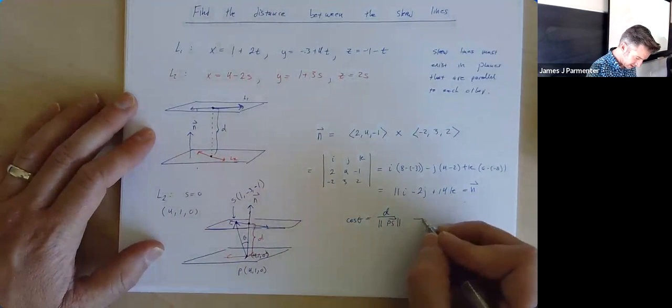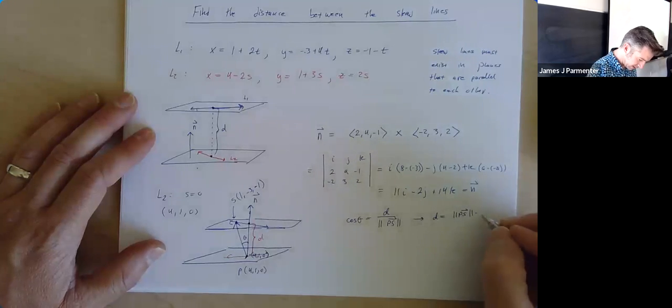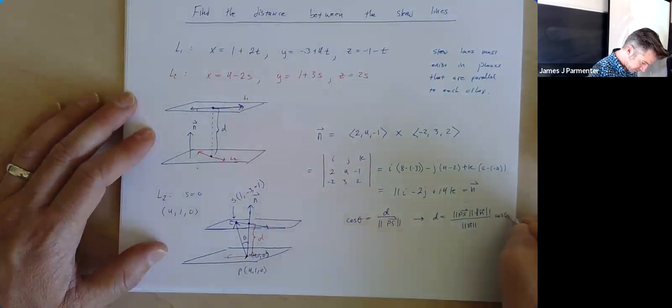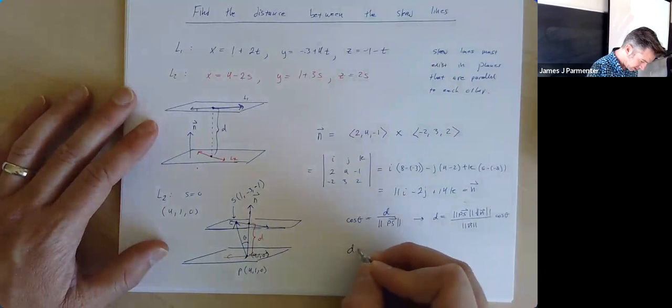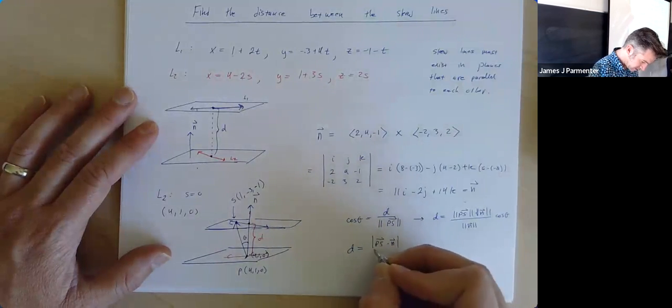So we're going to end up getting that D is equal to the magnitude of PS times the magnitude of the normal vector divided by the magnitude of the normal vector, all times cosine theta. But then that top part just ends up being the dot product. So here D is just the dot product of PS and N, in absolute value, divided by the magnitude of N.